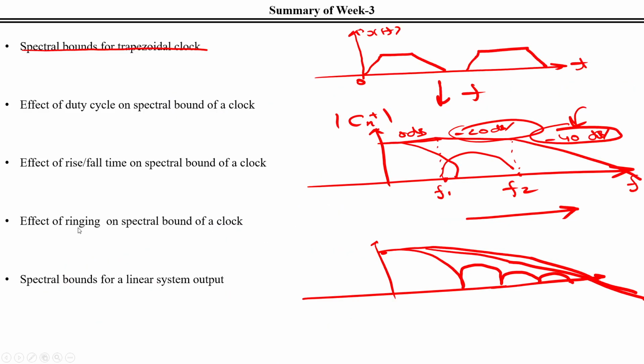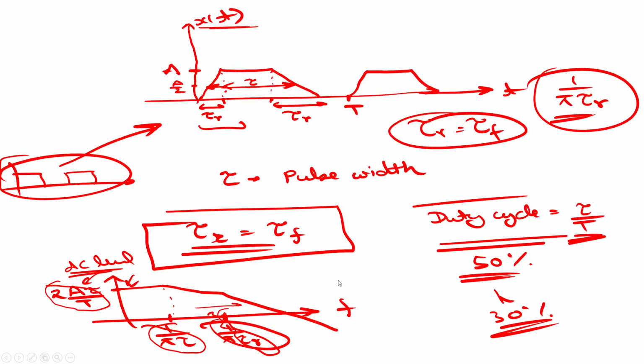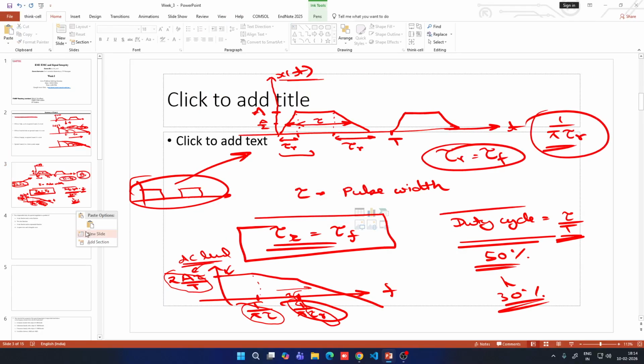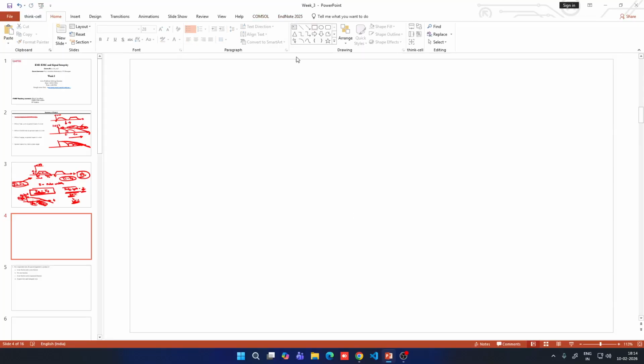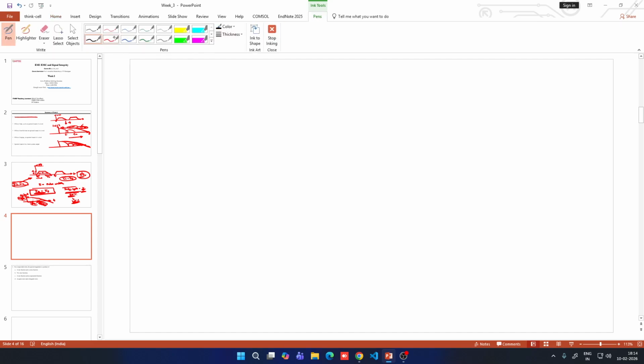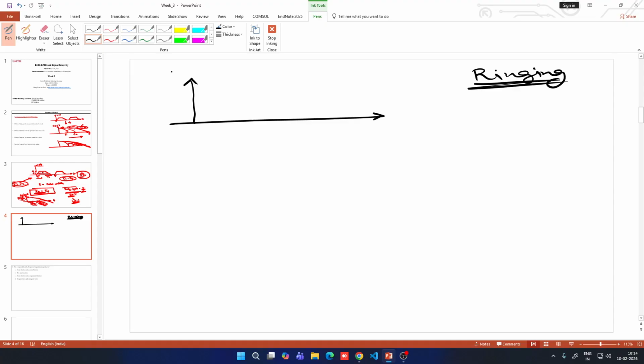And then we have discussed the effect of ringing on the spectral bound of a clock. So what ringing is: let's say we have a square pulse x(t).